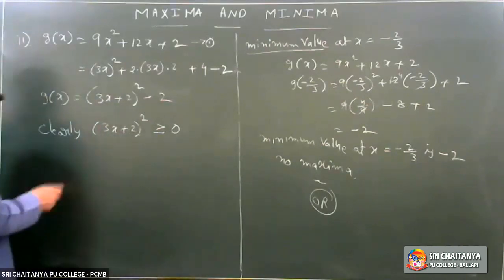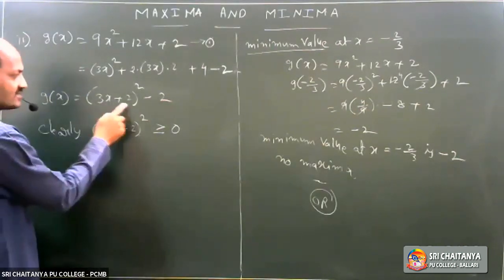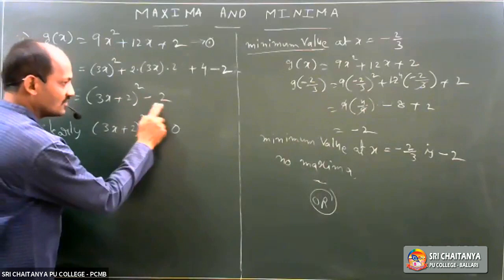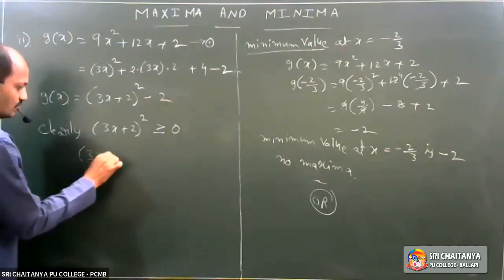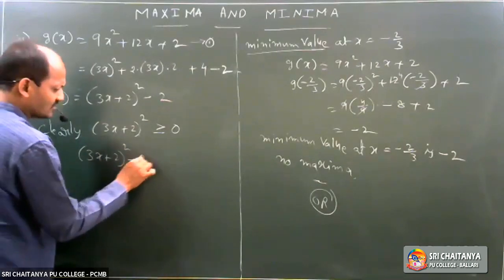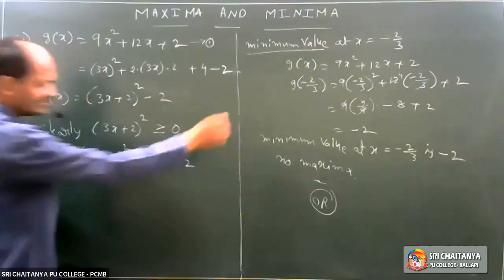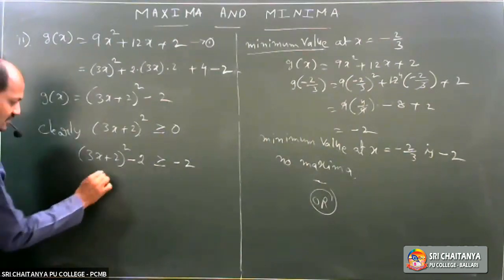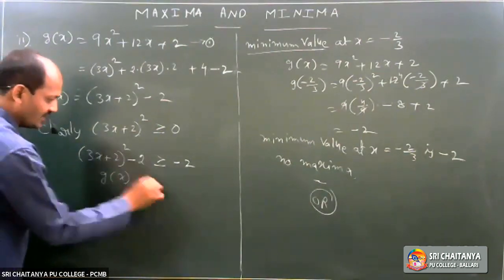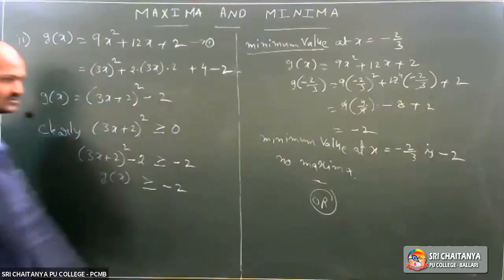But the function is 3x plus 2 whole square minus 2. So subtracting 2 on both sides, 3x plus 2 whole square minus 2 is greater than or equal to 0 minus 2, that is minus 2. The given function g of x is greater than or equal to minus 2.